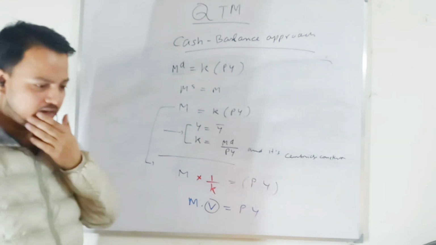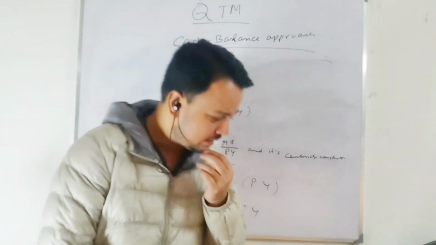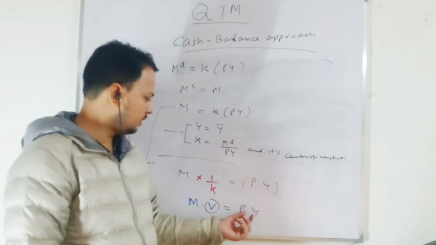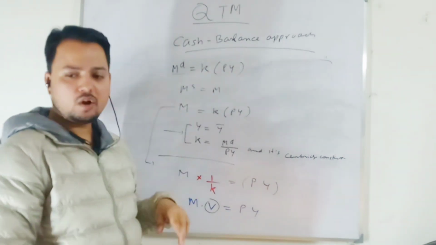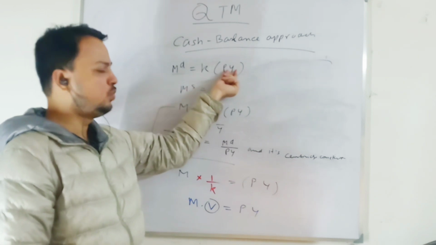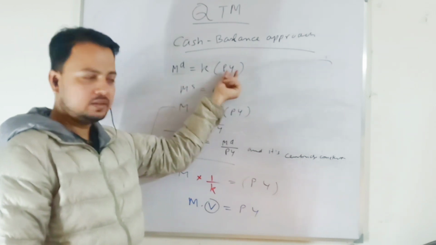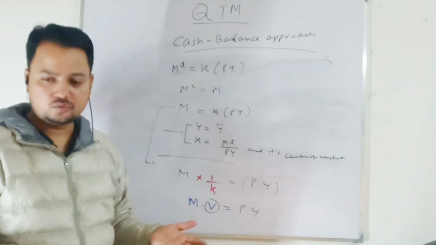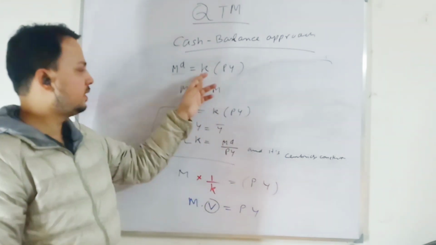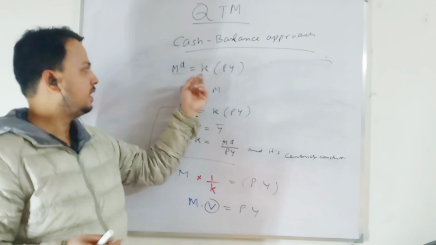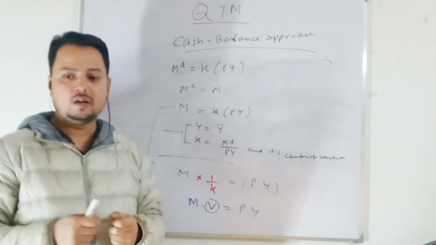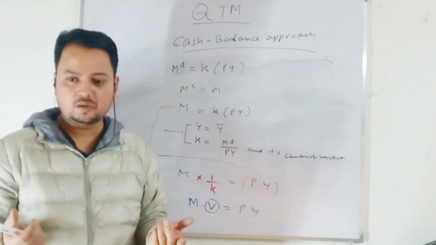And one more thing is that we are saying that this k is proportional to your output level, the value of output. But output level can also change. There are other factors that can influence this holding of money, not only output level, right?